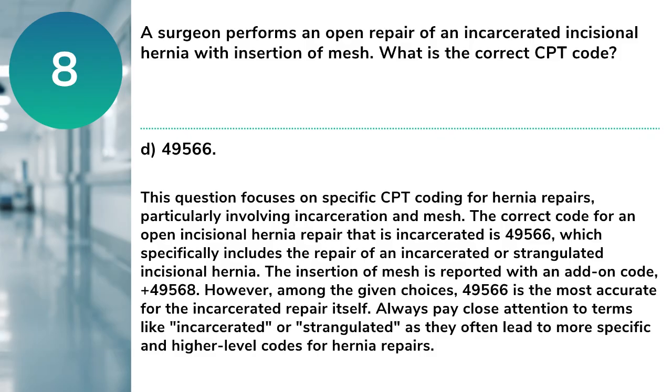The insertion of mesh is reported with an add-on code, plus 49568. However, among the given choices, 49566 is the most accurate for the incarcerated repair itself. Always pay close attention to terms like incarcerated or strangulated, as they often lead to more specific and higher-level codes for hernia repairs.